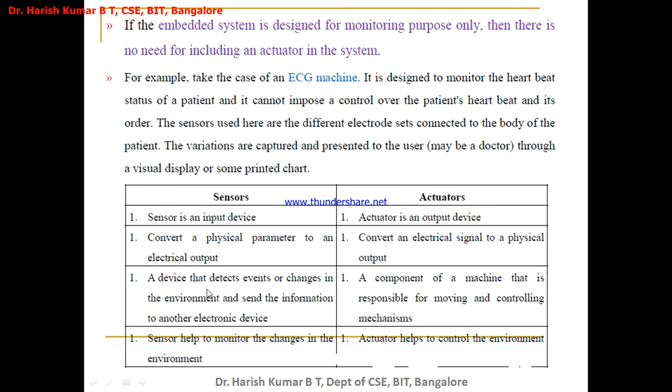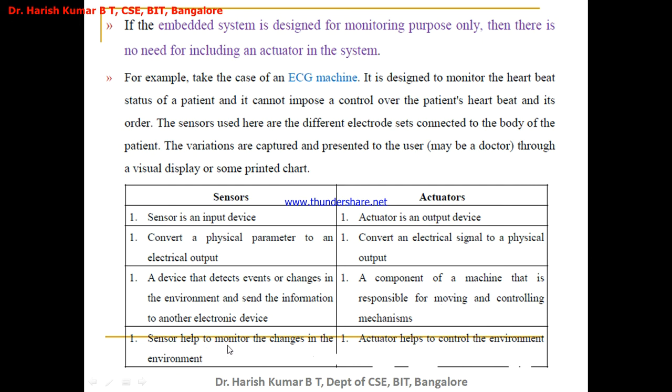A sensor detects the events or the changes in the environment and sends the information to another electronic device. Actuators are the component of a machine that is responsible for moving or controlling a mechanism. They basically do some physical action, hence we say it's a component of the machine that is responsible for moving or controlling a mechanism.